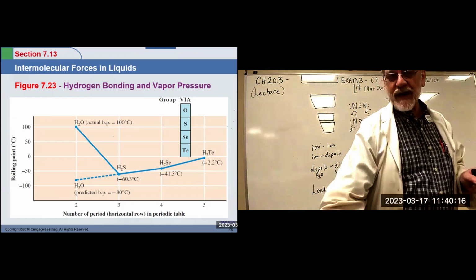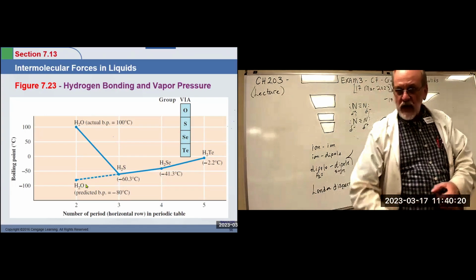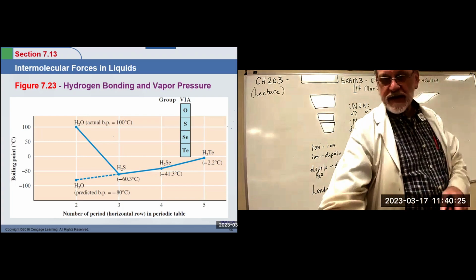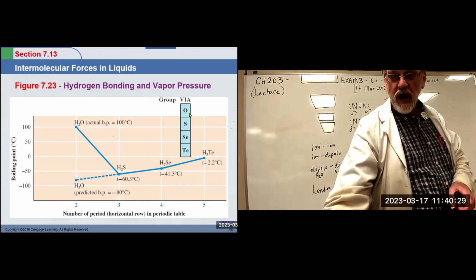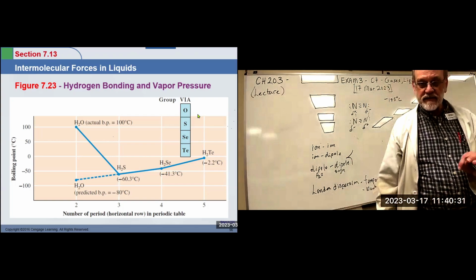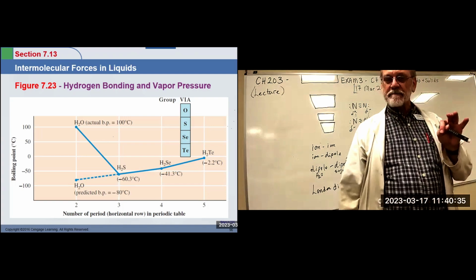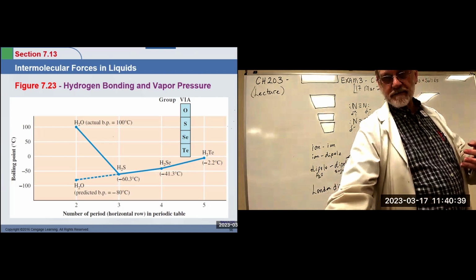Water has a very high boiling point because now we're moving up in the family, in the group, and the electronegativities are increasing so that we get to a point where oxygen has a very high electronegativity, which makes for an extremely polar bond with hydrogen.